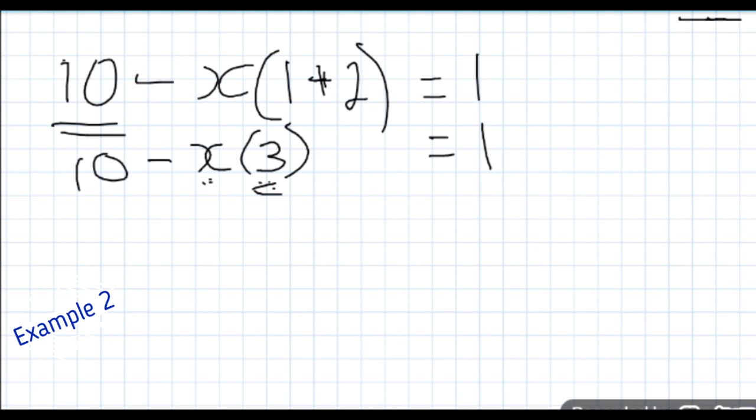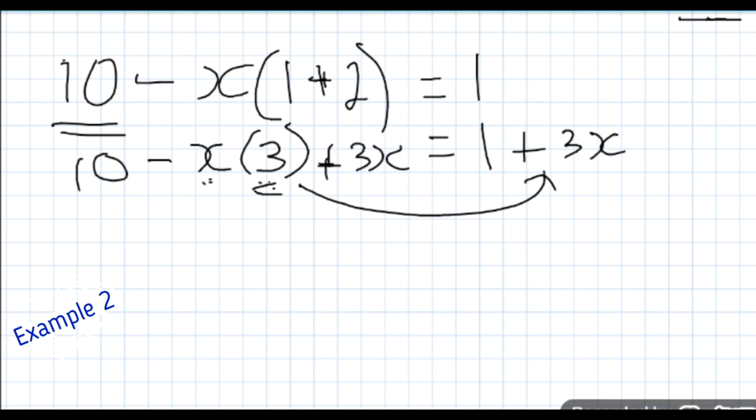You can take it over to the other side, right? And when you take it over to the other side of the equal sign, it changes sign. So it's minus on this side. When it goes to the other side, it becomes positive. Now this is exactly the same result as if you plus 3x on this side and you plus 3x on this side, which is what we have been discussing all this time.